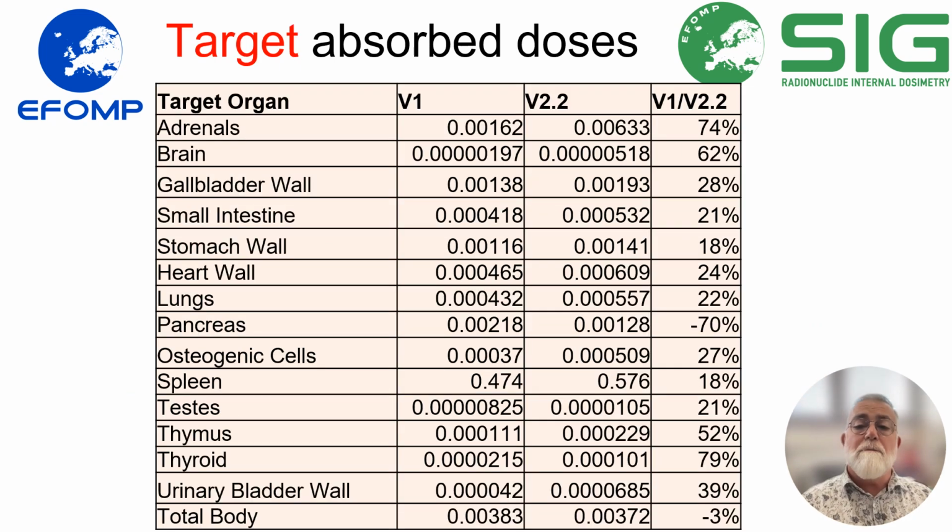However, if you compare the results of Olinda version 1 and Olinda version 2 for target absorbed doses, so the gamma component, you can see differences that are very, very high. Sometimes more than 70% of relative difference between version 1 and version 2.